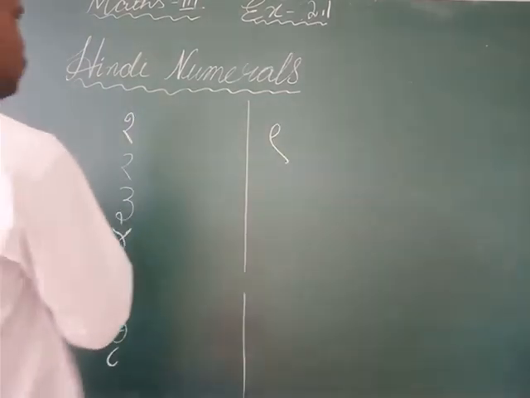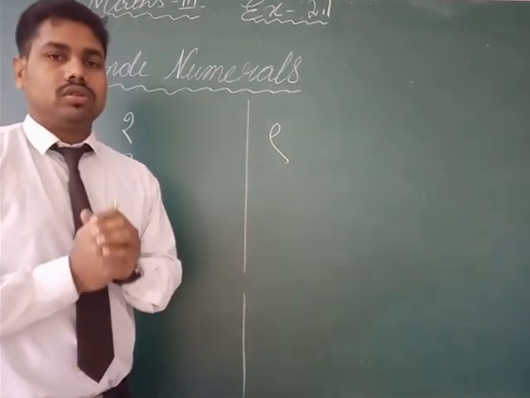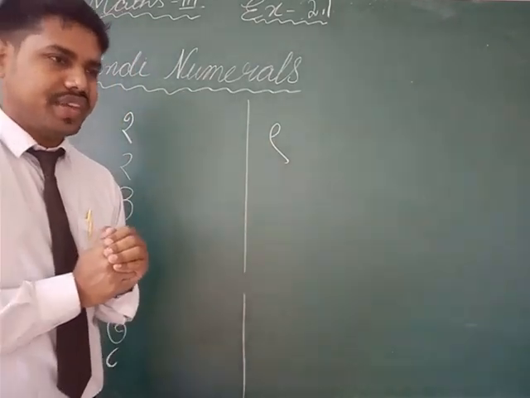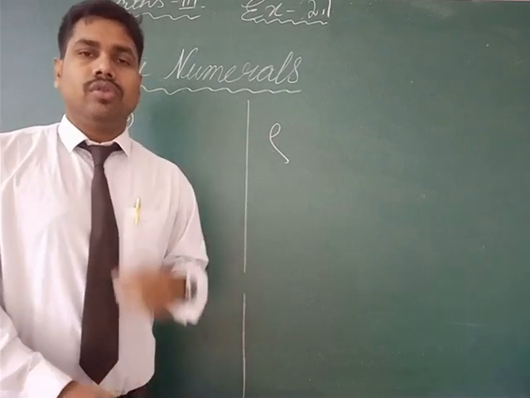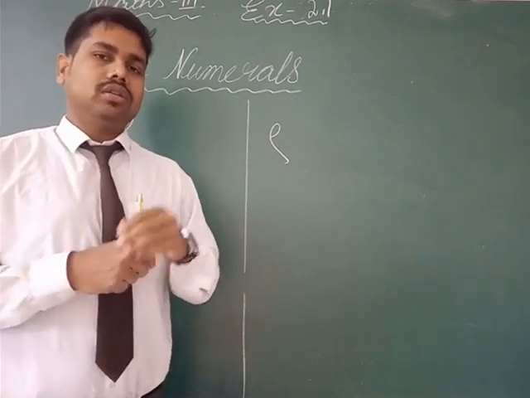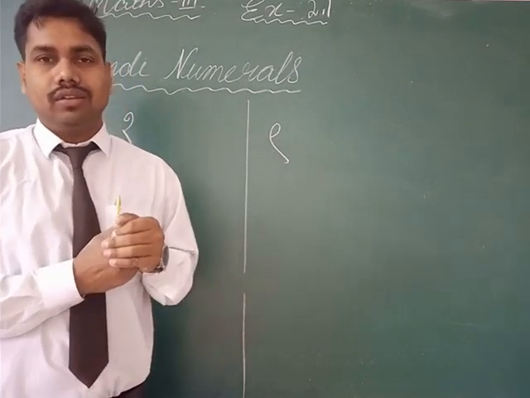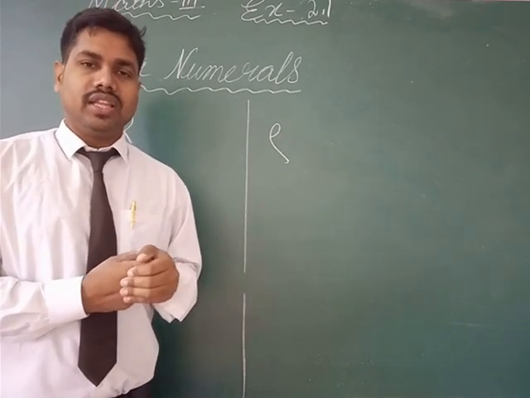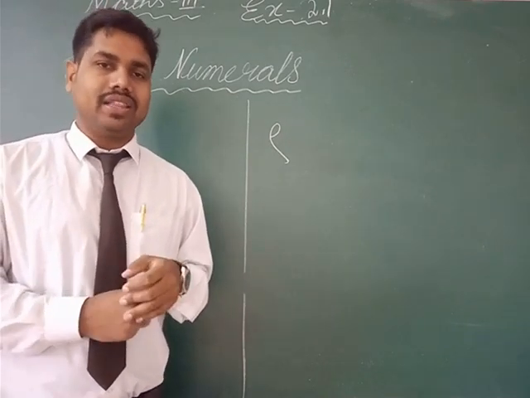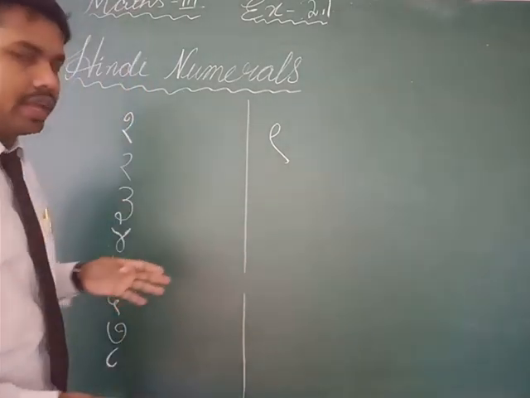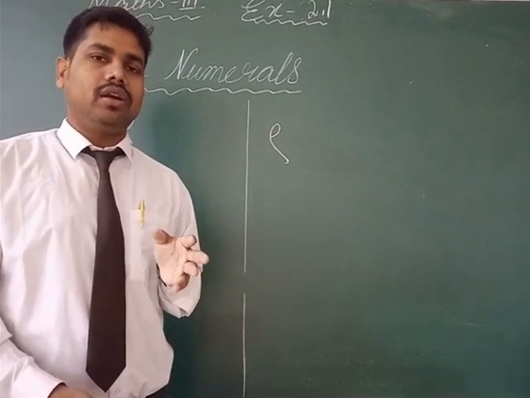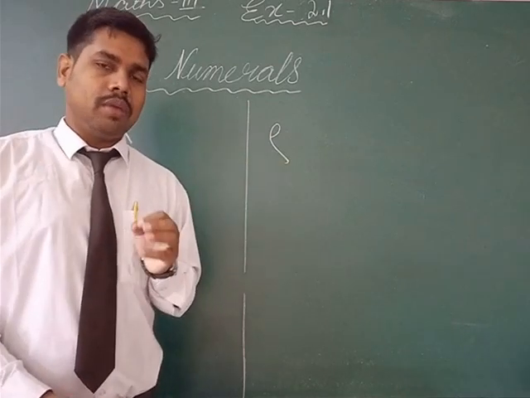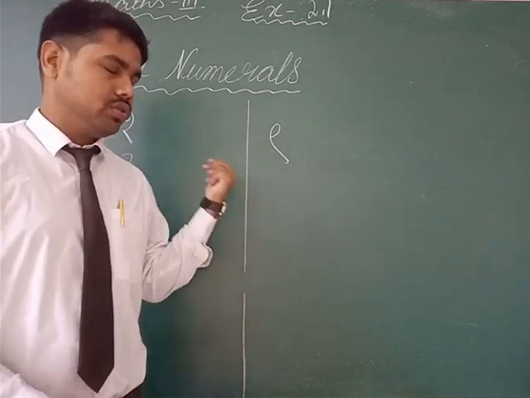Now let's talk about chapter 2, Hindi and Roman numerals. This is very easy, but sometimes we are not aware of our own mother tongue properly. It is very important to know at least two to three languages.